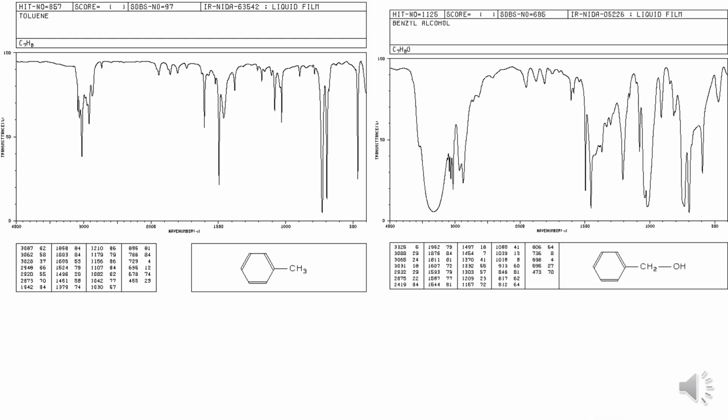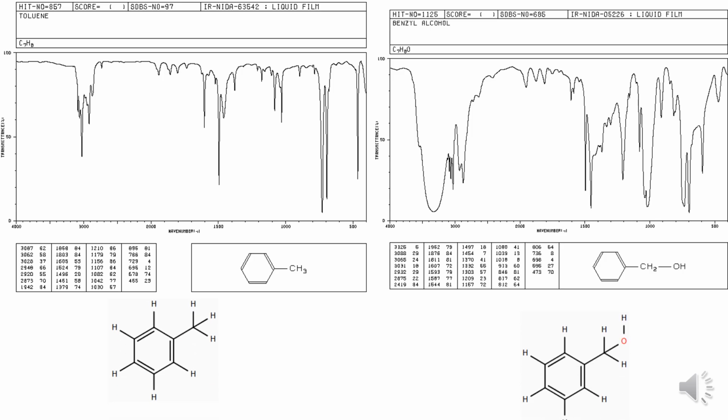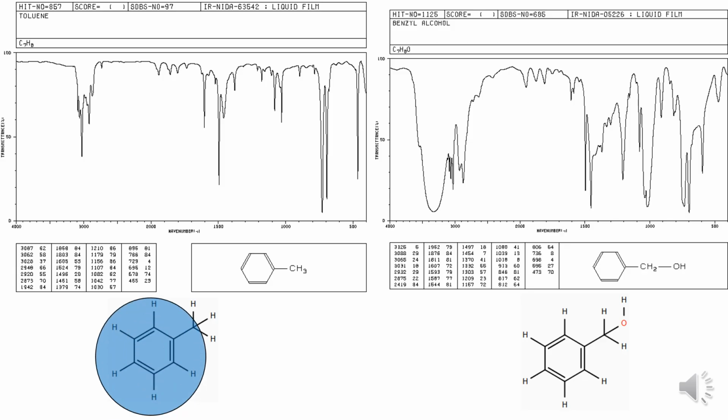Here's the IR spectra of methyl benzene, and here's the IR spectra of benzyl alcohol. Now, first let us consider the structural similarity between these two compounds. Both the compounds have a benzene ring characterized by the presence of the aromatic CH bond and carbon-carbon double bond.